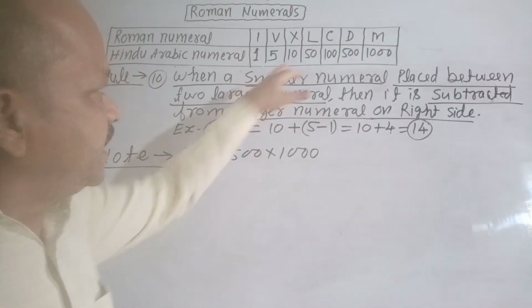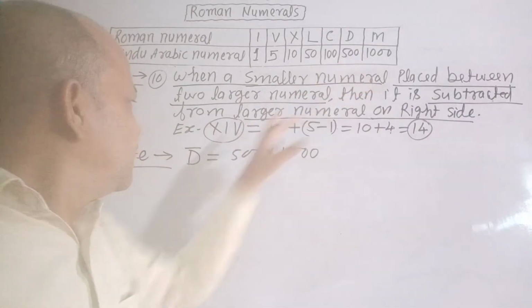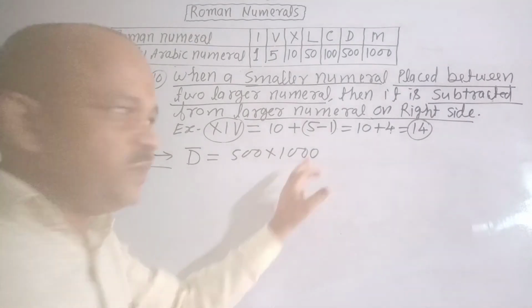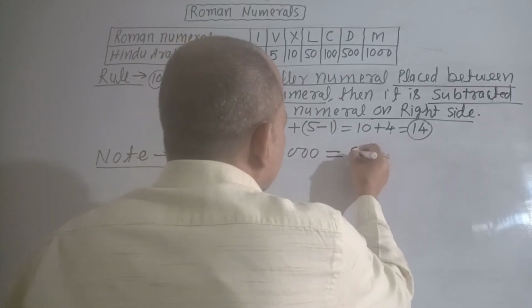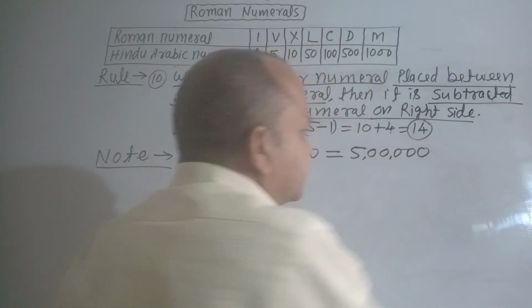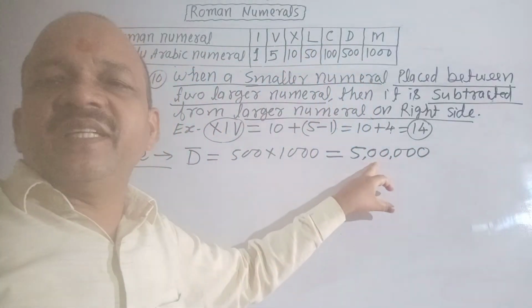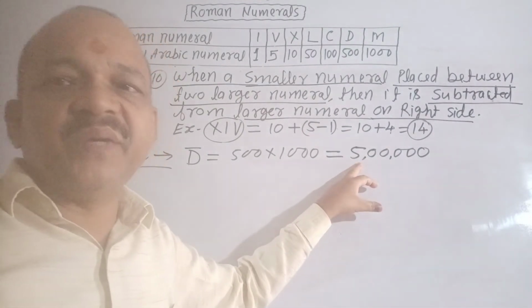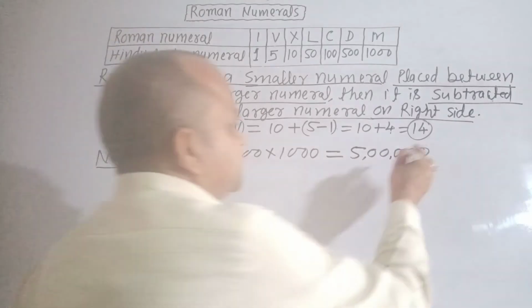The value of D is 500. D bar means 500 multiply 1000. Here 1, 10, 100, 1000, 10,000, lakh. It means it becomes 5 lakh. Clear?